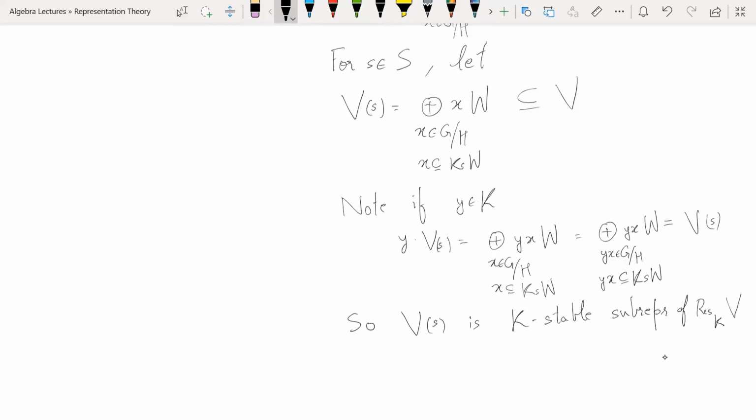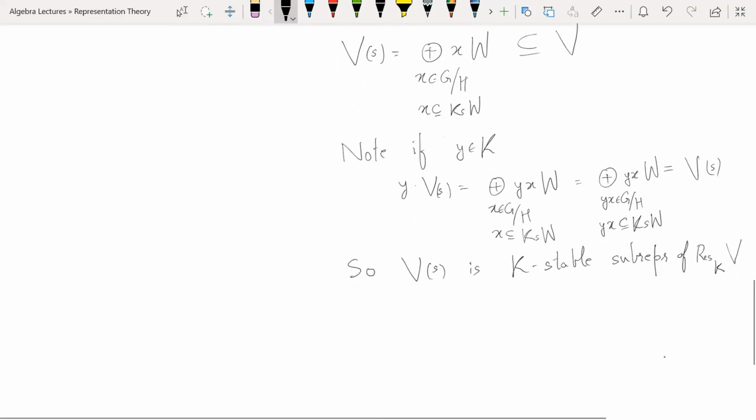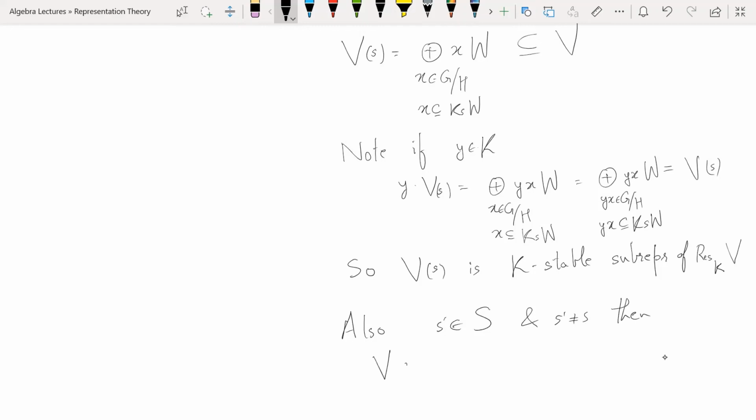Of course, if you change s, you take a different s. If s prime is some other element of capital S and s prime is not equal to s, then Vs prime will be a sum over some other left cosets, and these will be disjoint sets of left cosets. Otherwise the double cosets would have some intersection.